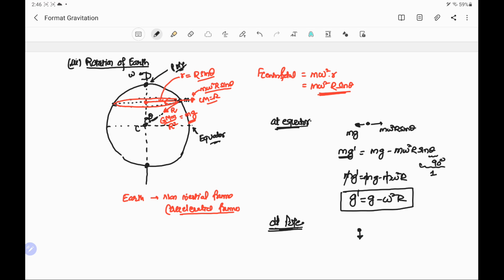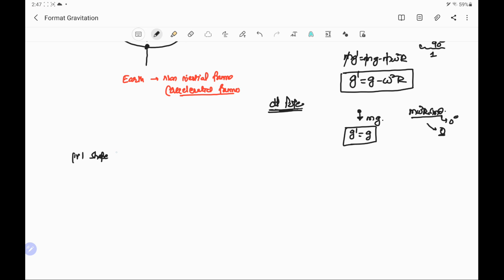One is the force of attraction, that is the gravitational force, mg acting downward, and another will be m omega square R sine theta. For points on the poles, this theta will be 0. If theta is 0, then this pseudo force will be 0. That means at the poles, the gravitational acceleration will be equal to g.